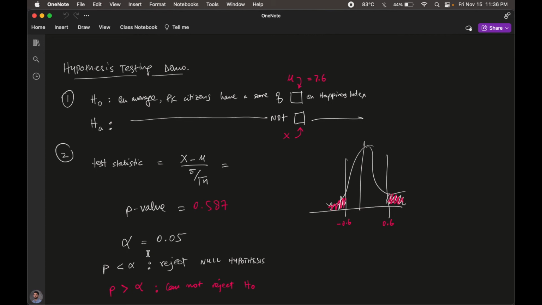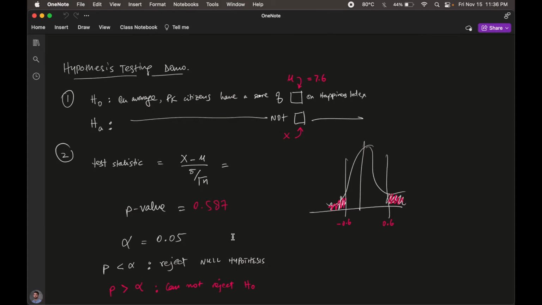Okay, but that's one idea. What I want to do next is have a better visualization for this. Notice, what did we get? We obtained 0.6, and minus 0.6 corresponds to a big probability, 0.587. This is greater than 0.05.